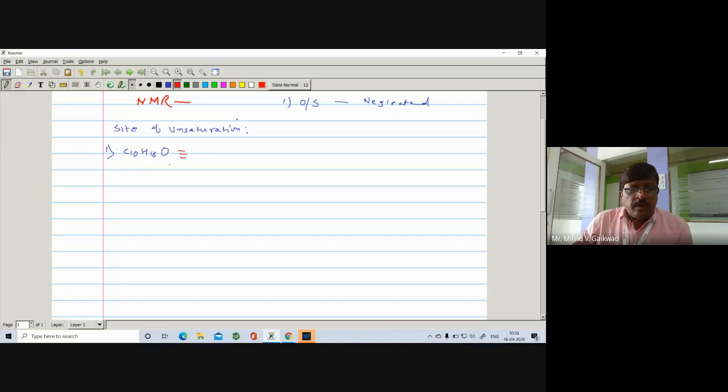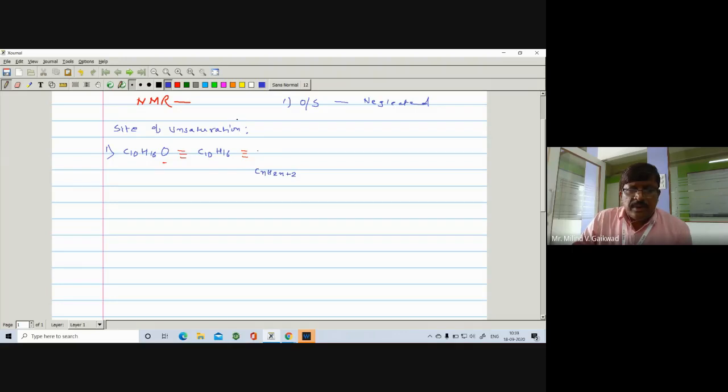For this one, we neglect the oxygen and write the corresponding molecular formula, C10H16. Further, you have to convert it into the corresponding saturated alkane. That means you put it in the formula CnH2n+2. Here n is equal to 10, so double of 10 is 20, plus 2 is 22.